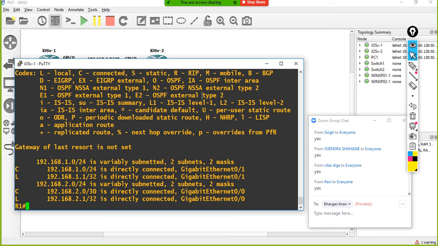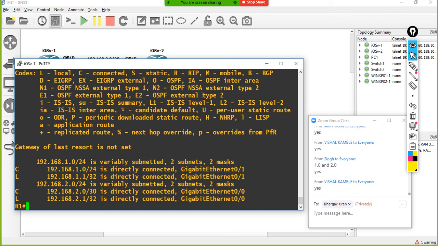What are the connected networks here? 192.168.1 and 192.168.2. These two are the connected networks.